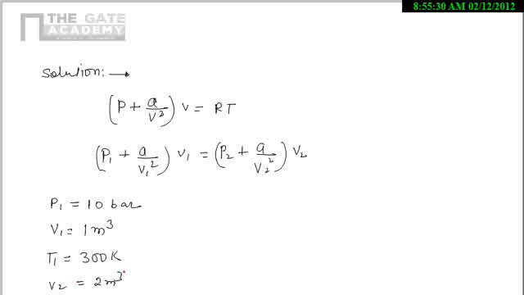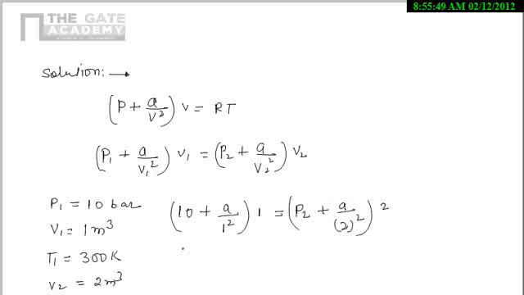If we plug in these values, P1 is 10 plus A by 1 square, into 1. P2 we have to find out, P2 plus A by 2 square, into V2 is 2. So now we have 10 plus A equals P2 plus A by 4 into 2.